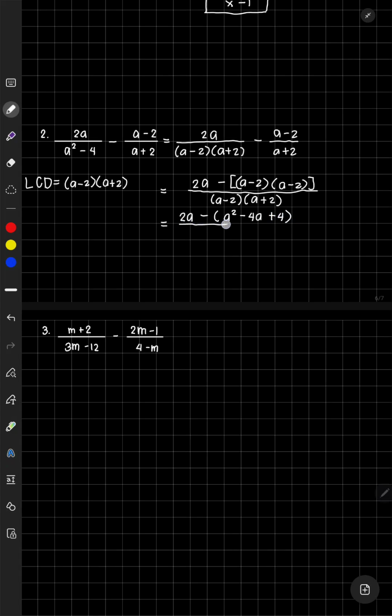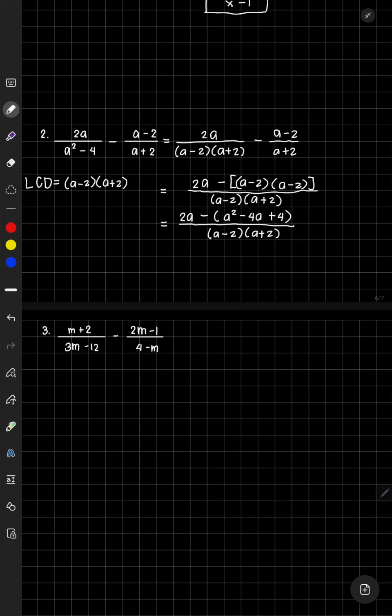So that would be divided by, okay, so it's a minus 2 multiplied by a plus 2.